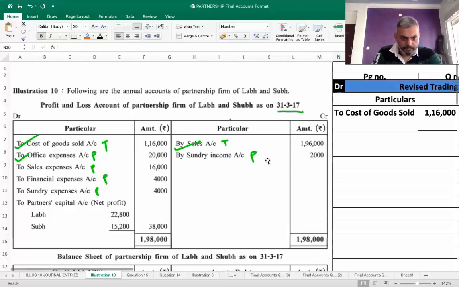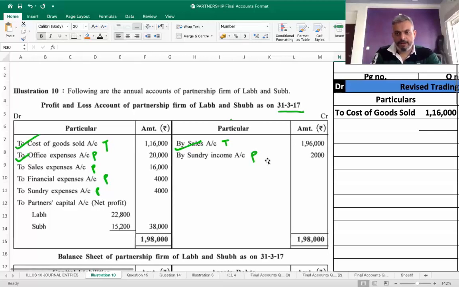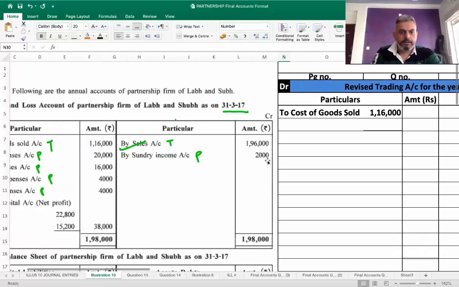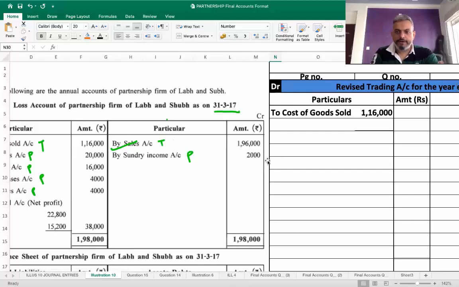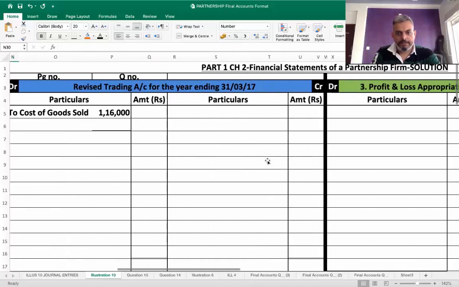Now partners capital account, profit later on. Okay, because now this profit we are going to bifurcate into GP, NP, NDP. So not now. Sales. By sales, inner column 1,96,000.